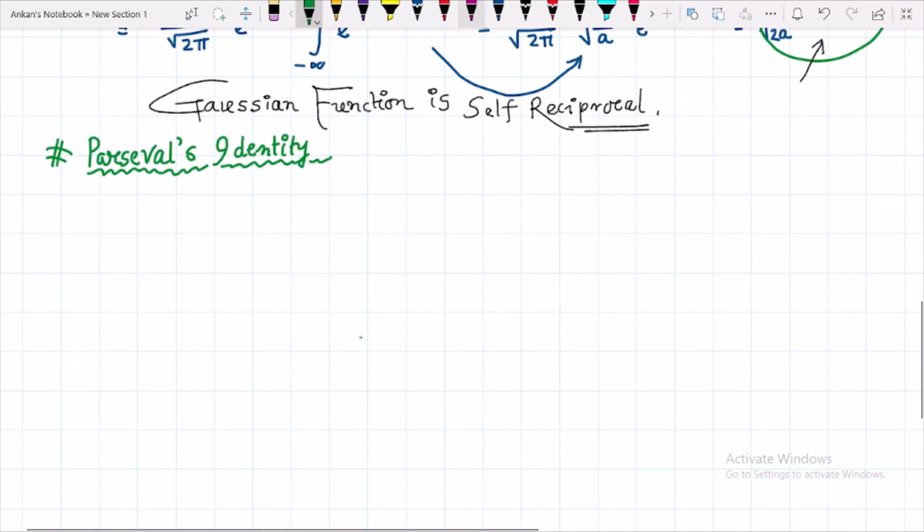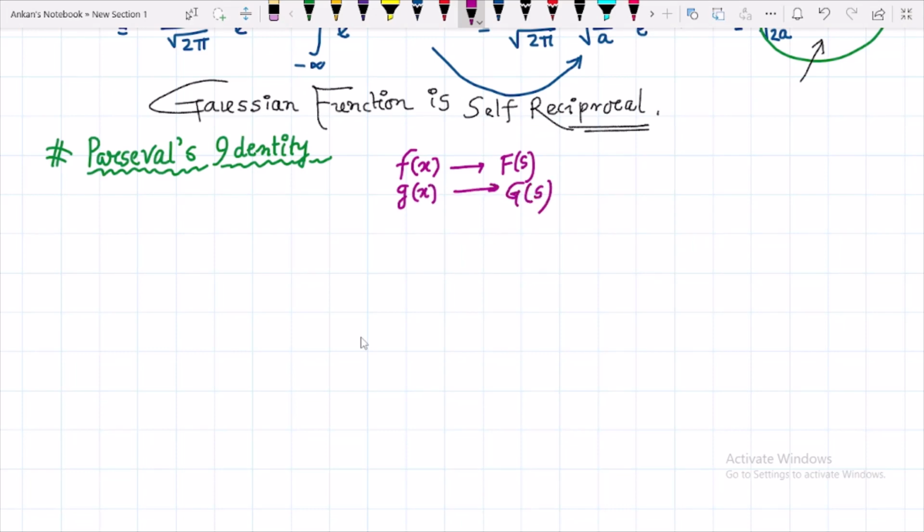At first, you have to consider something like: suppose the Fourier transform of f(x) is F(s), the Fourier transform of another function g(x) is G(s), and the complex conjugate of f(x) is f bar of x, which is nothing but the complex conjugate of f(x).